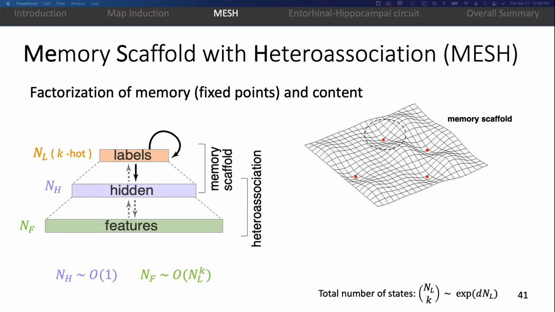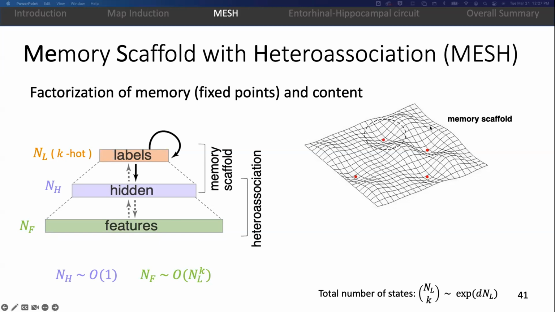Okay, so conceptually, we can think of the memory scaffold as this underlying attractor manifold that has predefined fixed points that are pre-specified. Because they're pre-specified, there is no information inherently in these points. And since the label layer is k-sparse, the total number of possible states is NL choose k, which scales exponentially in the number of label neurons.